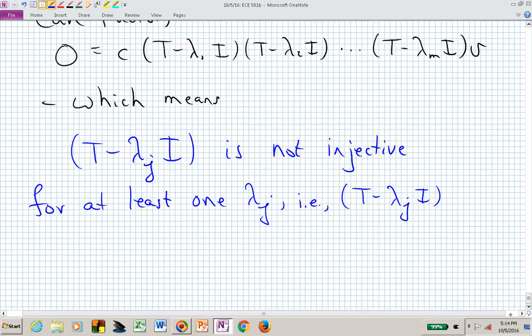Or that is, T minus lambda sub j I has a non-trivial null space.